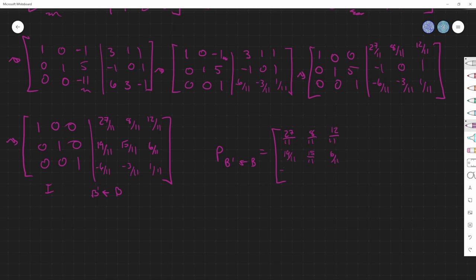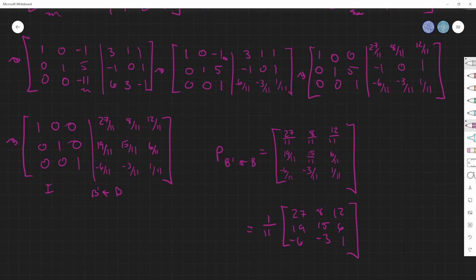I realize I could have done something else that would make this so much prettier. That looks like a pie. Or you could just factor out the 1 over 11 and just have 27, 8, 12, 19, 15, 6, negative 6, negative 3, and 1. Wow. That was easy.